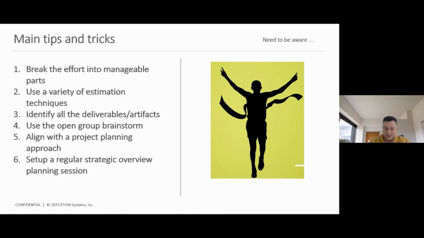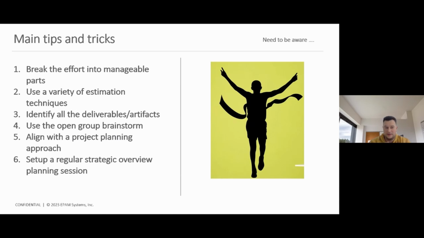Yes, we talk a lot about that, and you know why. Identify all the deliverables and artifacts. Yes, because with deliverables and artifacts creation will be provided the best understanding of what you're going to do to your team.